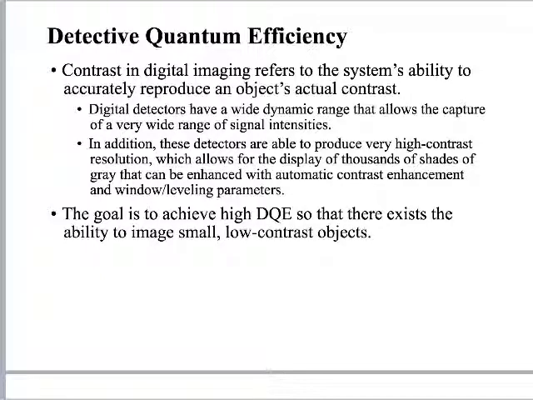Well, detective quantum efficiency. We can make systems that when an X-ray interacts with them, they're better about converting that to a signal. Why would we want to do that? Well, if we're better at converting photons to an image, we can reduce patient dose, right? We can reduce heat load on our tubes.